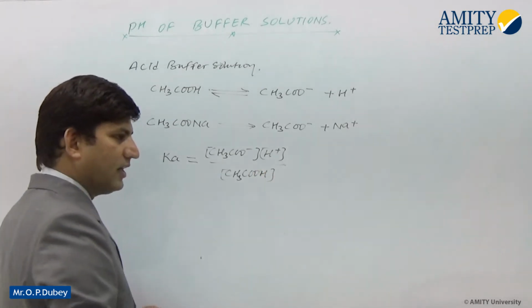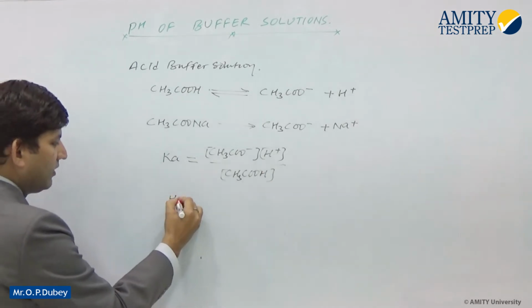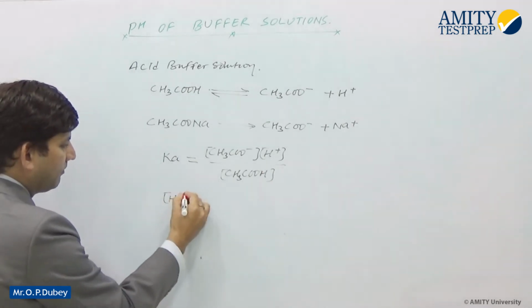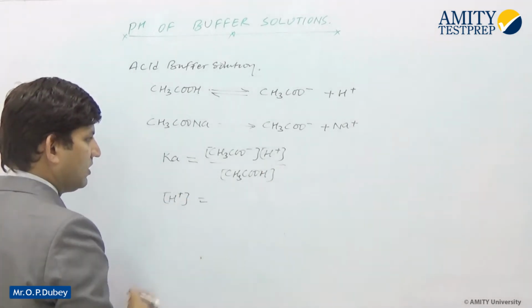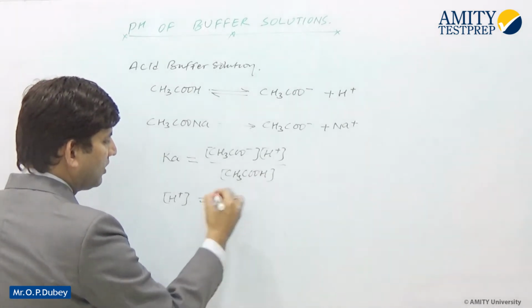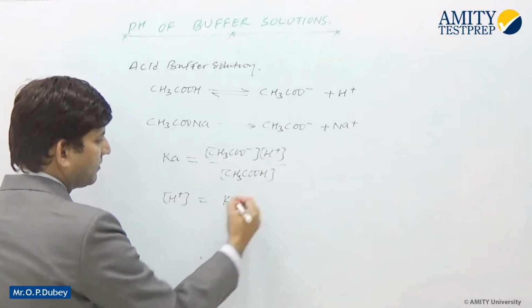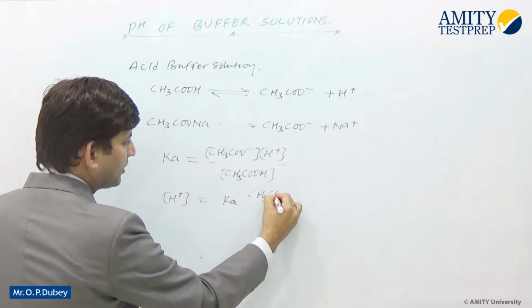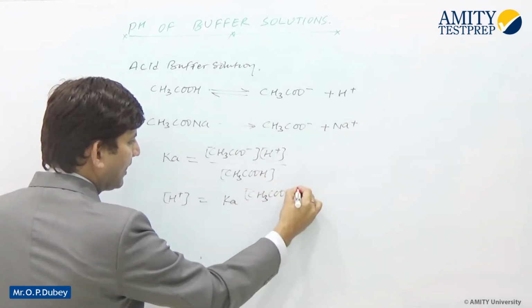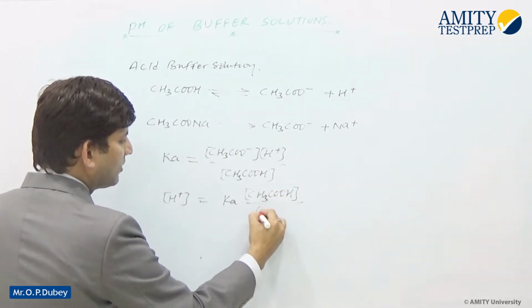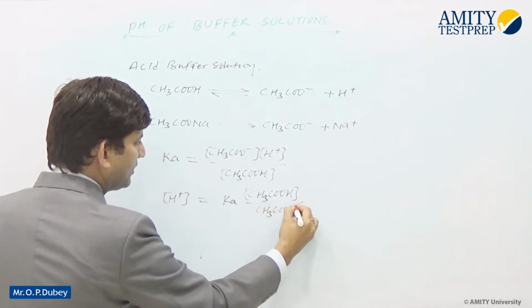We have to calculate the H plus ion concentration so that we can easily find the pH of a buffer solution. Now the H plus ion concentration present in the solution is K multiplied by the concentration of acetic acid upon the concentration of acetate ion.